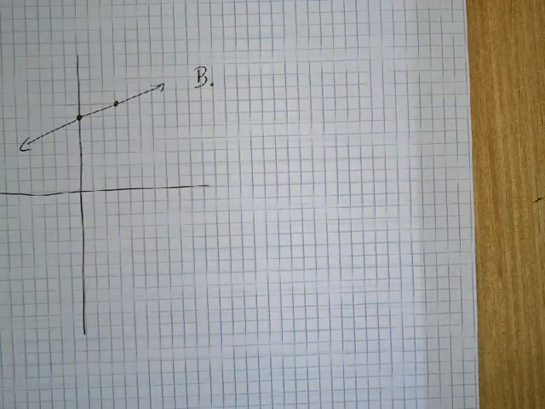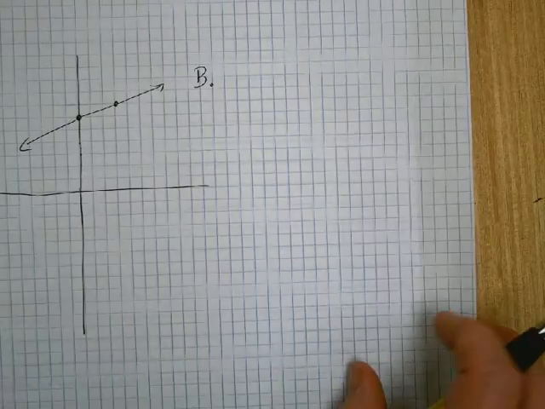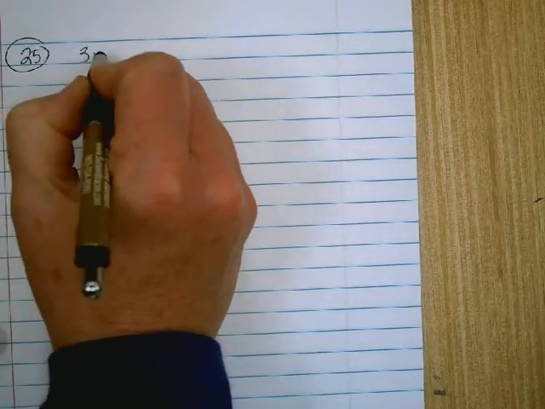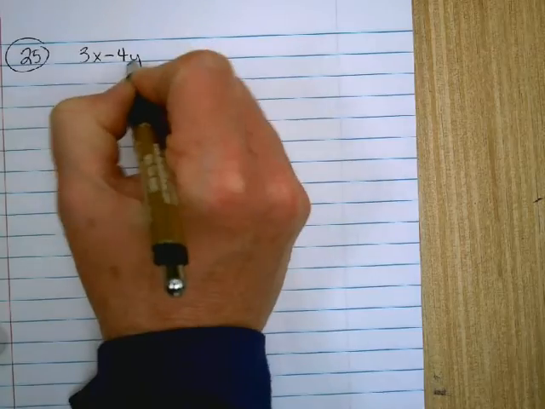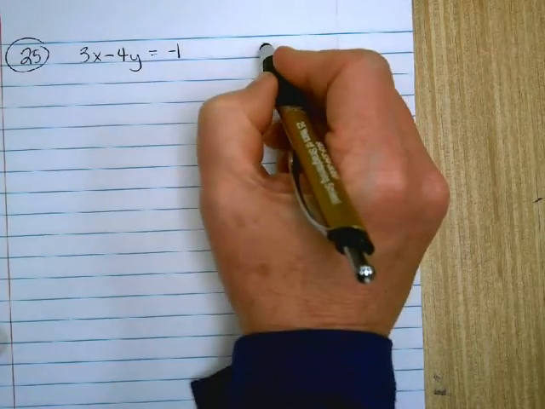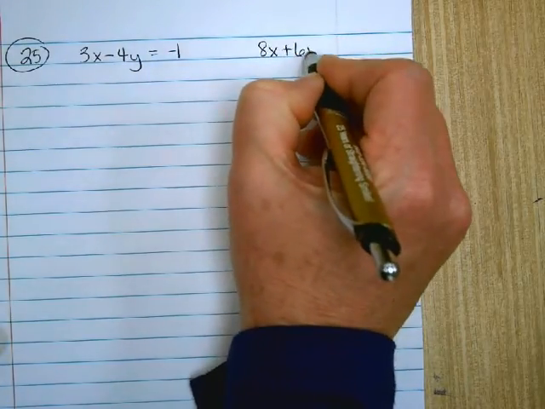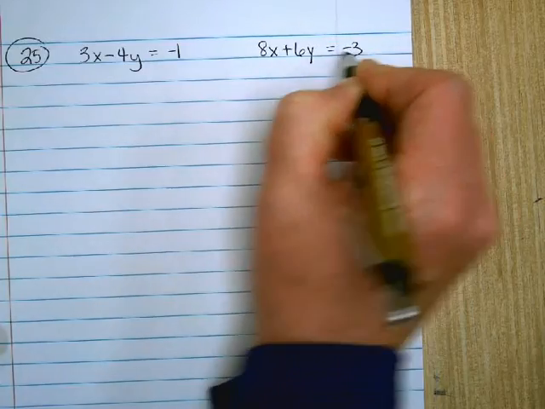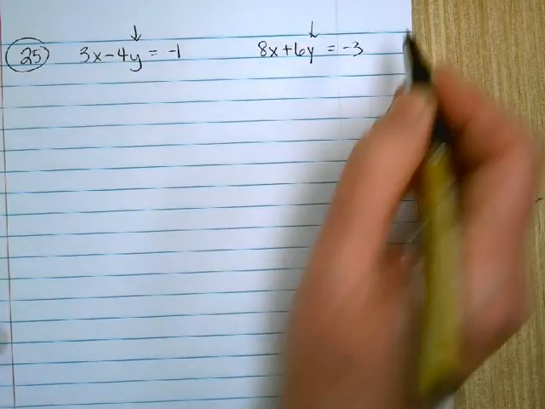25. Decide whether the lines are parallel, perpendicular, or neither. In 25, the line is 3x minus 4y is negative 1. And then 8x plus 6y is negative 3. You have to solve them both for y.